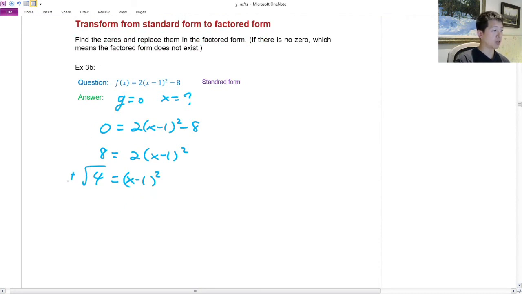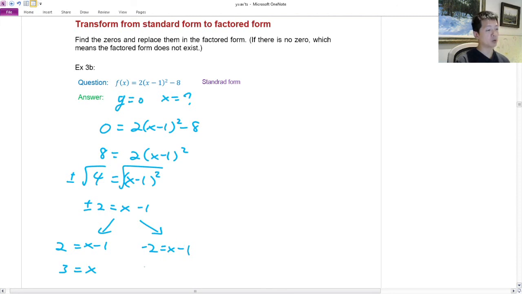When I take the square root, I have to add the plus or minus sign. So that will become plus or minus 2 equals x minus 1. So I'll have two answers from here. Positive 2 equals x minus 1, so x equals 3. And on the other side, minus 2 equals x minus 1. So minus 1 on the other side would be plus 1. Minus 2 plus 1 is going to be minus 1 equals x.